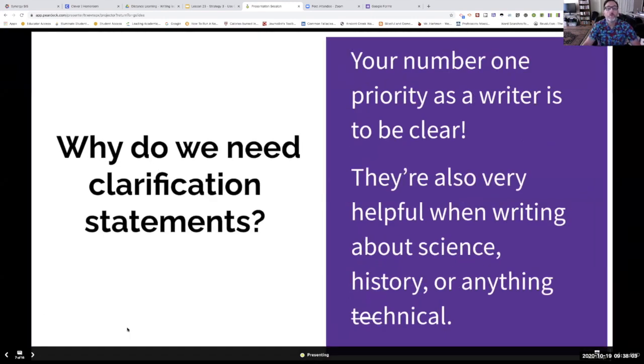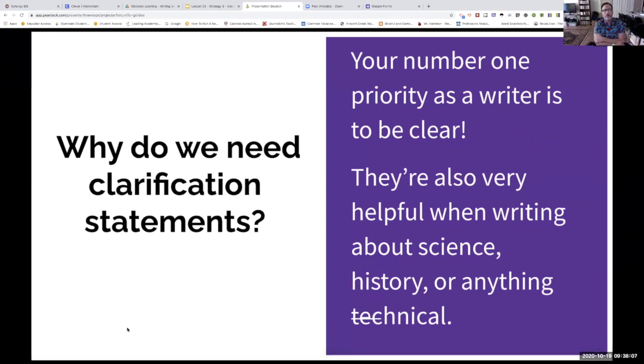Okay, so why do we need clarification statements? Why are we even spending any time talking about this? It's a good question. Your number one priority as a writer, as I've said from day one, is to be clear. Vocabulary is important, don't get me wrong, especially when you're writing in technical subjects, like history or science or anthropology or whatever the case may be.